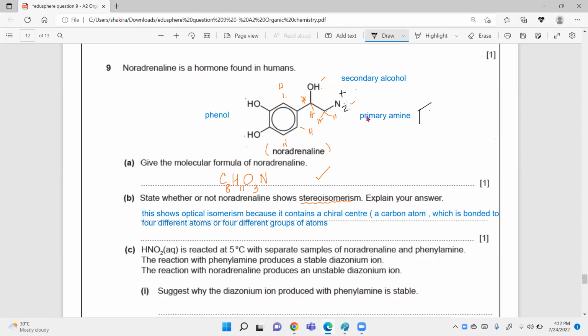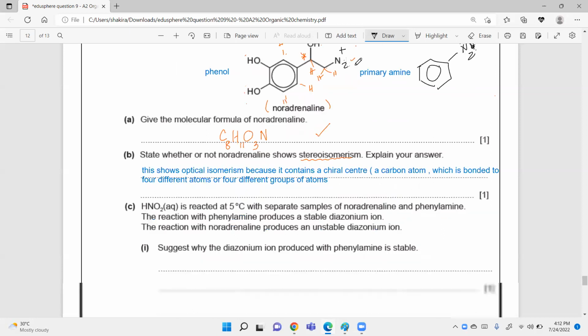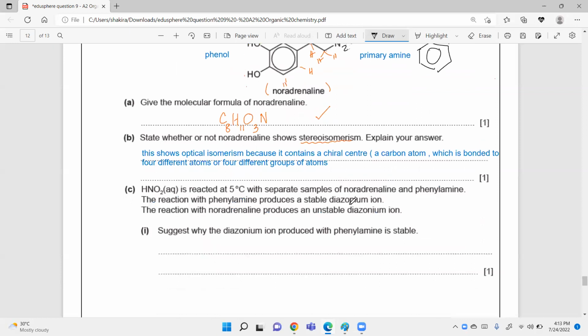But if you take phenyl diazonium ion, N2 plus, this positive charge can distribute in the benzene ring and make a stable structure. You will write that. So here's why the diazonium ion produced with phenylamine is stable.